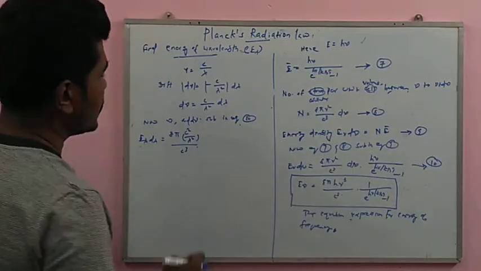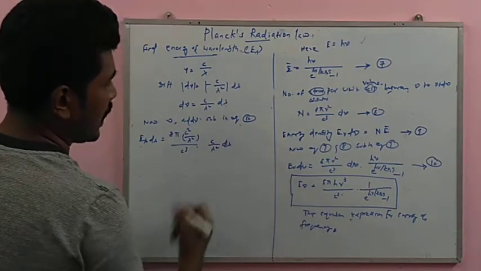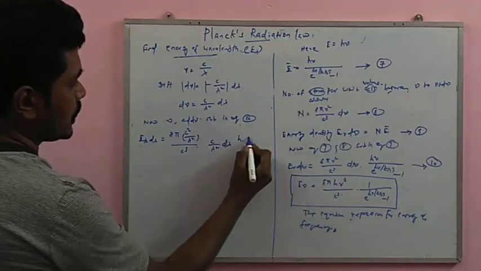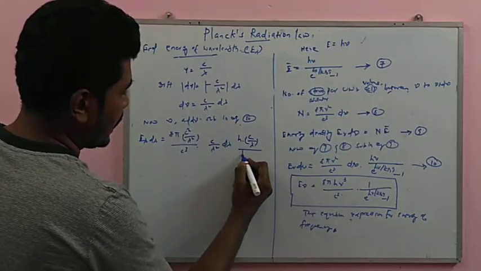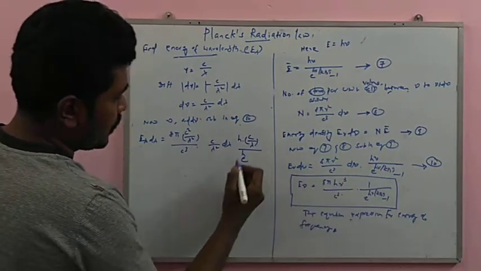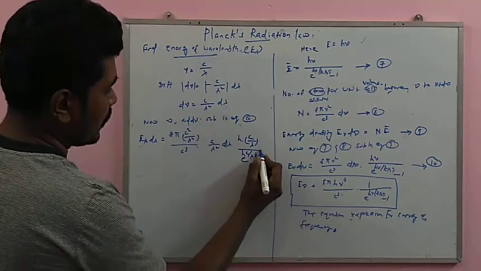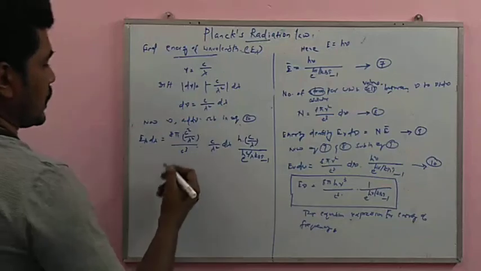Here d mu is equal to c by lambda squared into d lambda, and h into mu, with mu as c by lambda, divided by e power h c by lambda kB T minus 1. Here kB means Boltzmann constant.